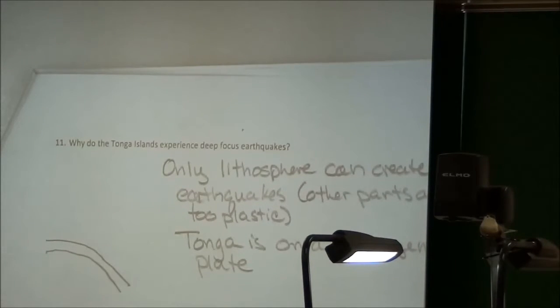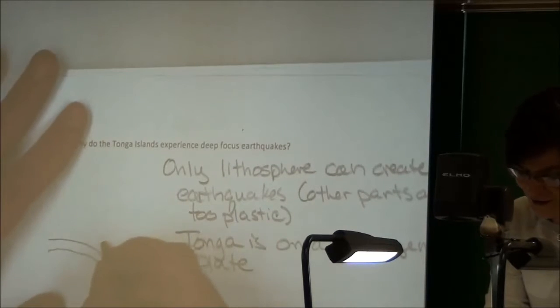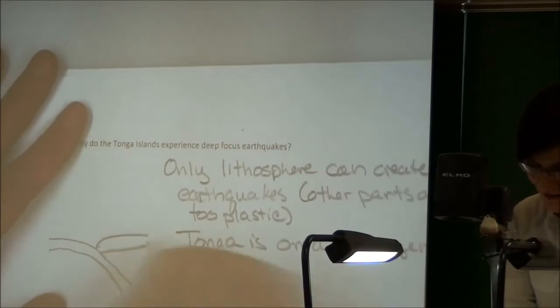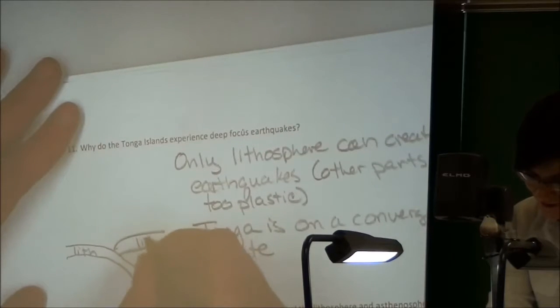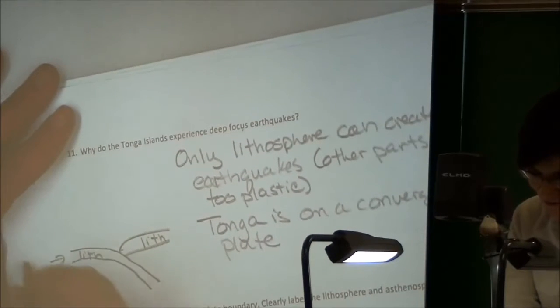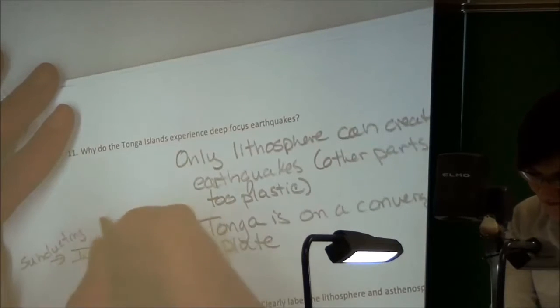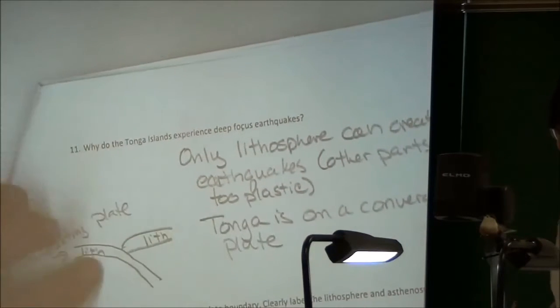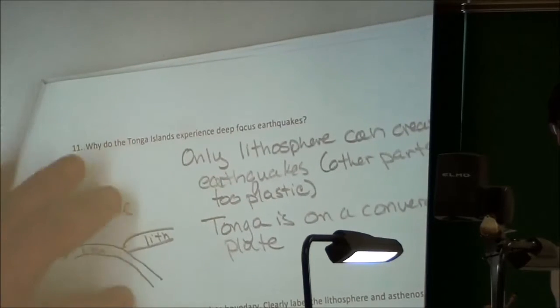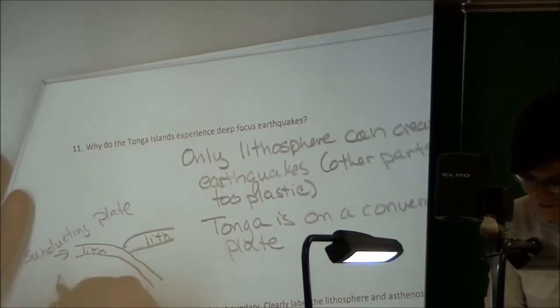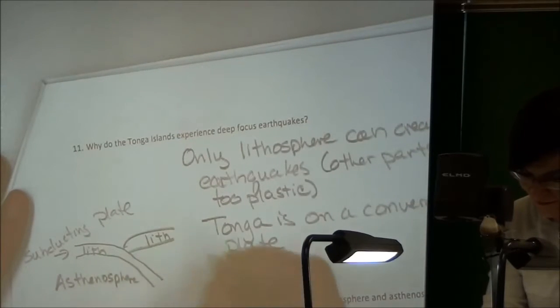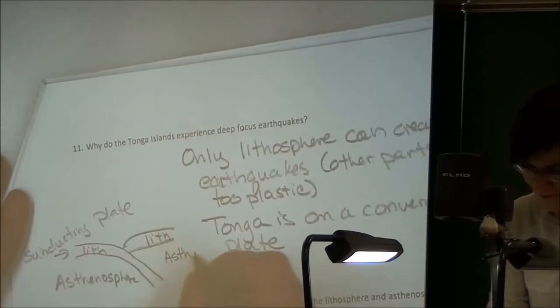So, we got a convergent plate boundary. It looks like this. This is lithosphere. This is lithosphere. This is the subducting plate. What's this layer under here called? Asthenosphere. There we go.